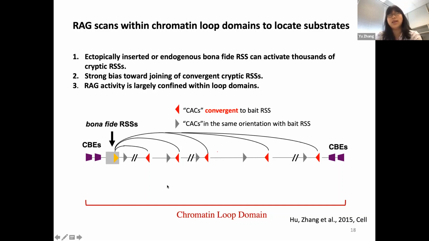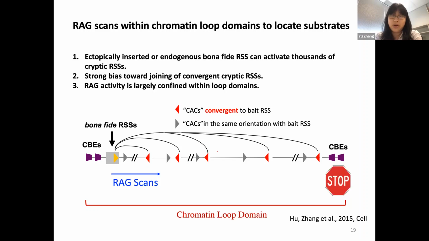So these observations together led us to propose a RAG scanning model. In this model, RAG scans on chromatin up to megabase distance until it's arrested by the boundary of the chromatin loop domains. The feature of this model is that it's a linear process. Therefore, it will only see convergent substrates during this process, but the substrates of other orientations cannot be seen.